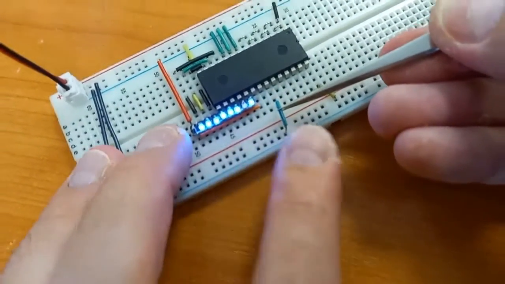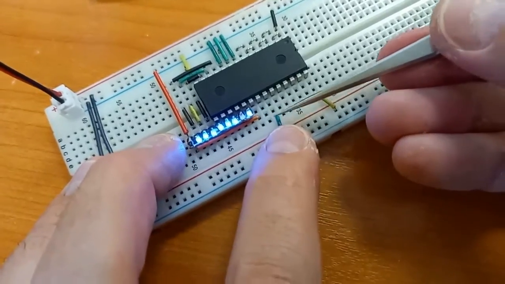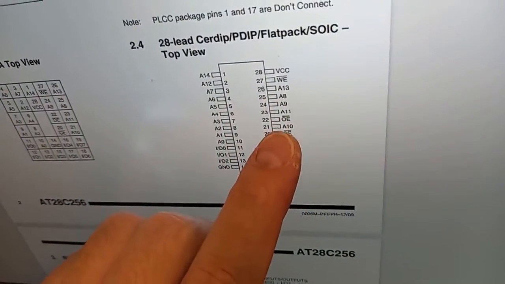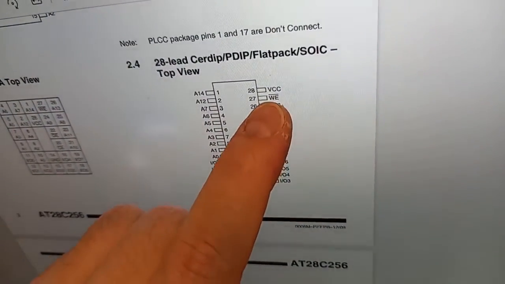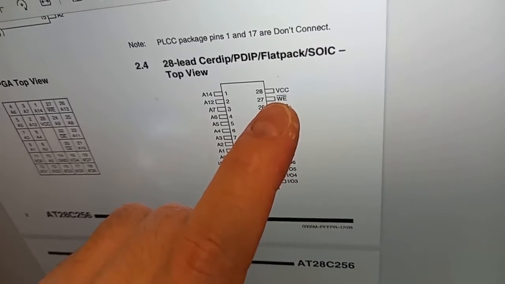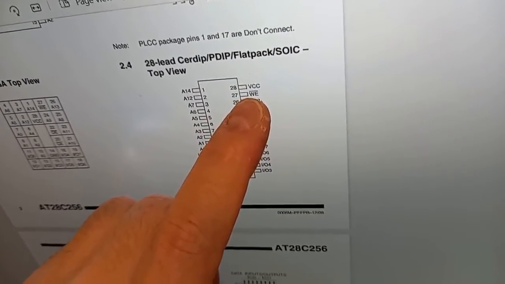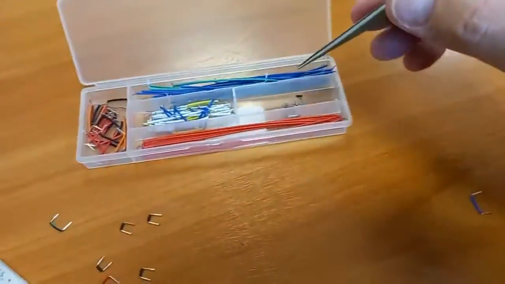Now it's enabled. It's output enable pin. That's A10, output enable. And this pin 27 we will connect with plus, with 1, because we want to keep it disabled.